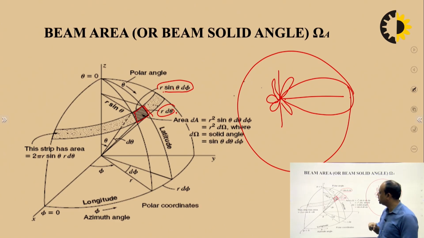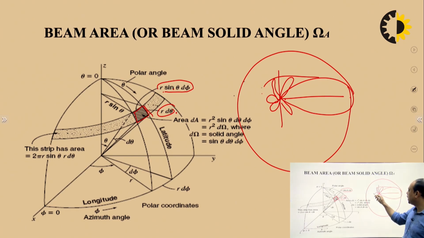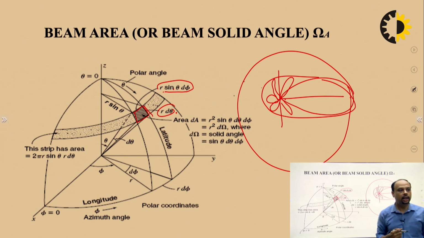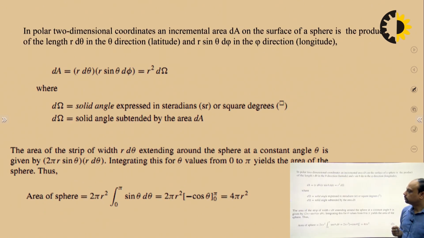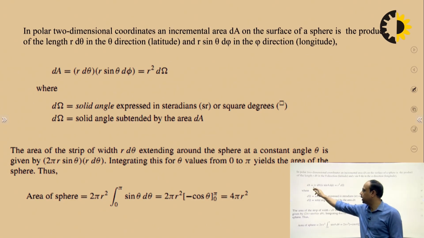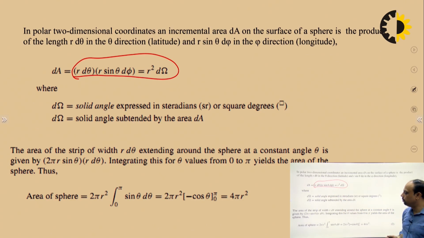Then we multiply these two things, we have r square sin theta d theta d phi, and when we integrate this small section over the complete sphere, multiplied by the radiation characteristics of the antenna itself, we can find the main beam area of the radiation. So this is the differential area over which we have to calculate the main beam area.